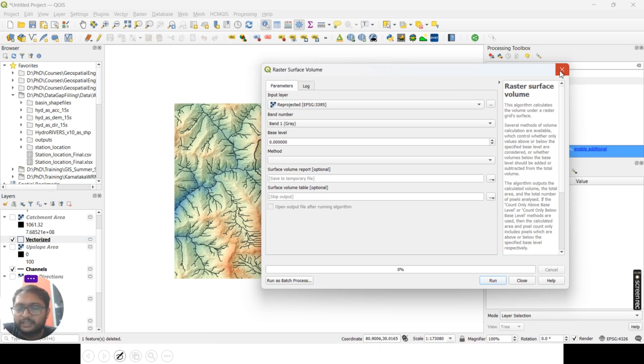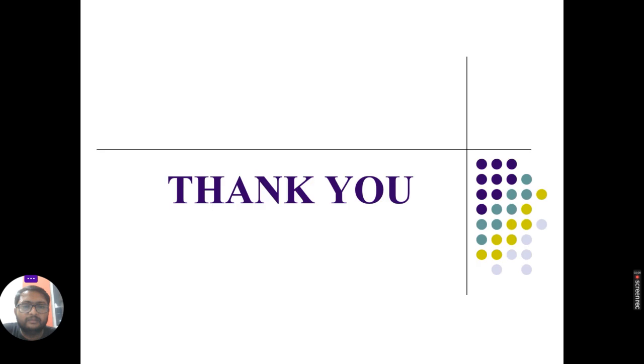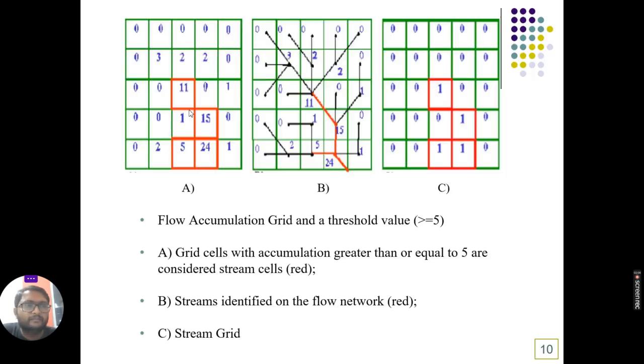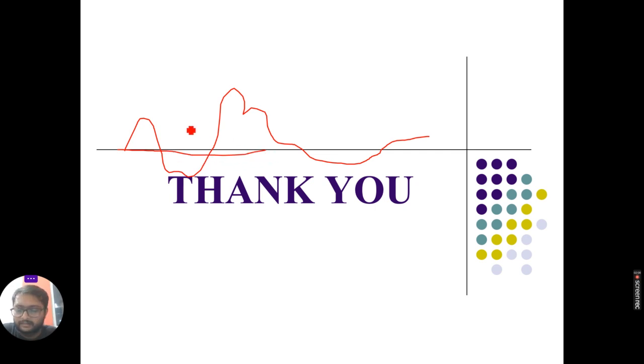This base level is used if you are doing cutting and filling. Let me give you an example. Let's say you have this surface and some terrain like this, and you want to make a flat highway over this terrain, which is given by this black line.